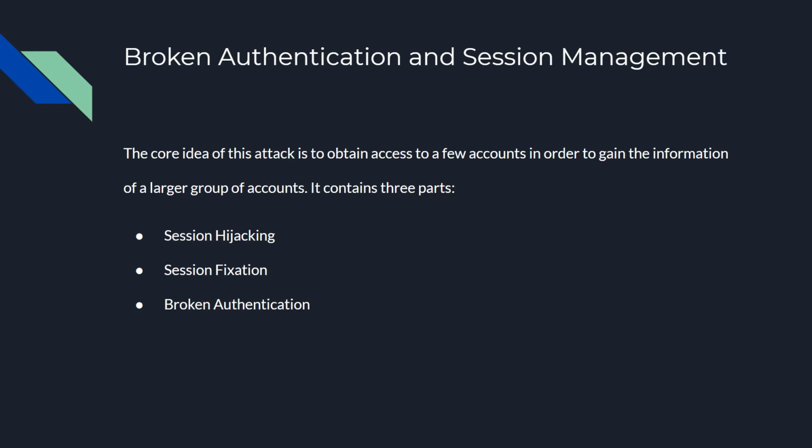The second attack is broken authentication and session management. The core idea of this attack is to obtain access to a few accounts in order to gain the information of a larger group of accounts. It contains three parts: session hijacking, session fixation, and broken authentication.